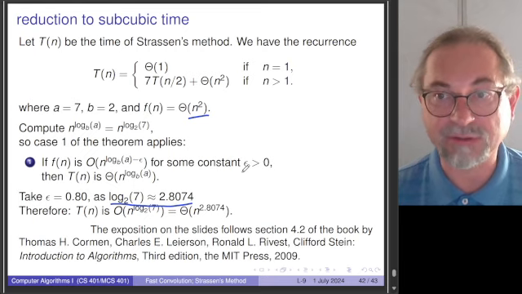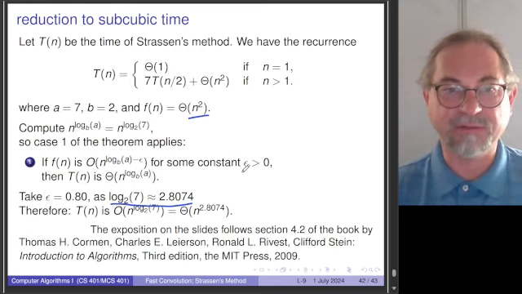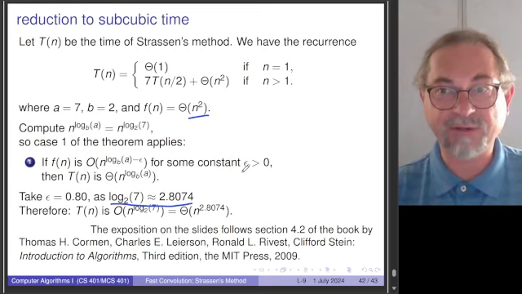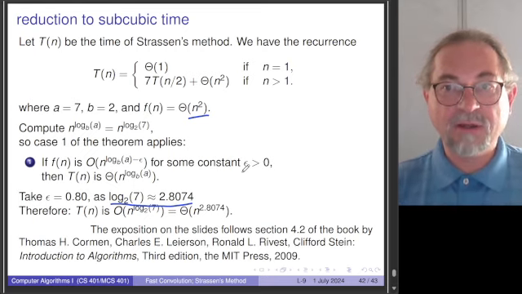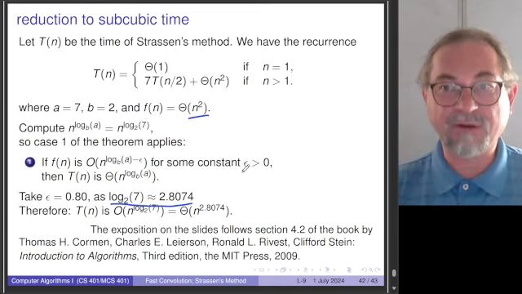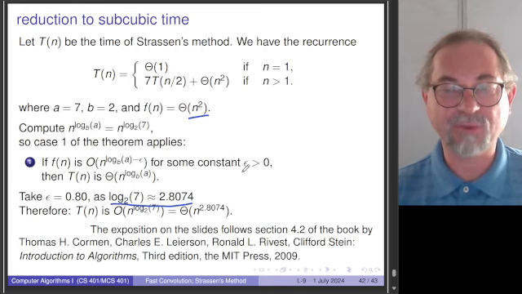This is not the textbook that we selected for this course, the Kleinberg-Tardos book, but it is a different book. Strassen's method is a very good application of the divide and conquer that was extensively covered in the chapter that we are going to conclude in the textbook.